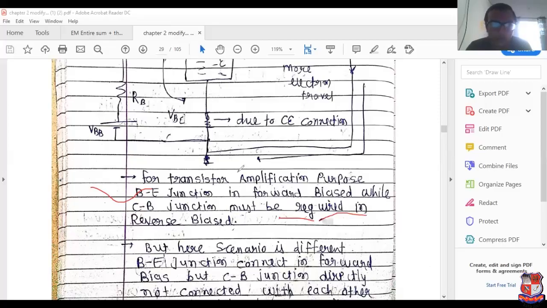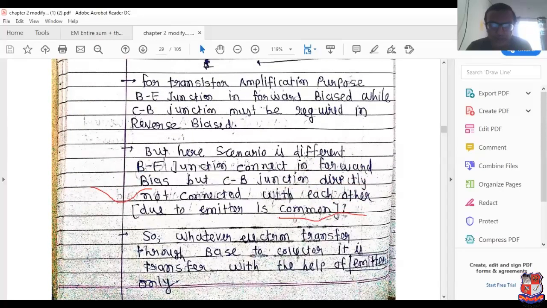But here the scenario is different. The base-emitter junction is forward biased, but the collector-base junction is not directly connected due to the common emitter. So whatever electrons transfer through the base to the collector are transferred with the help of the emitter only. This is the main statement regarding the entire theory.